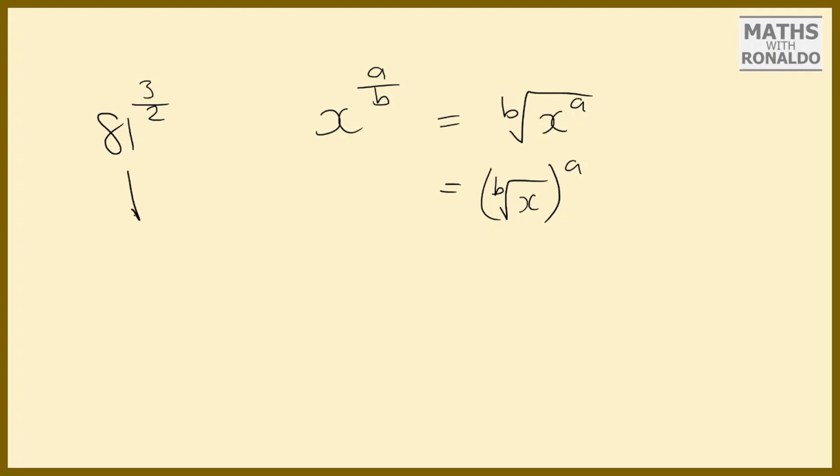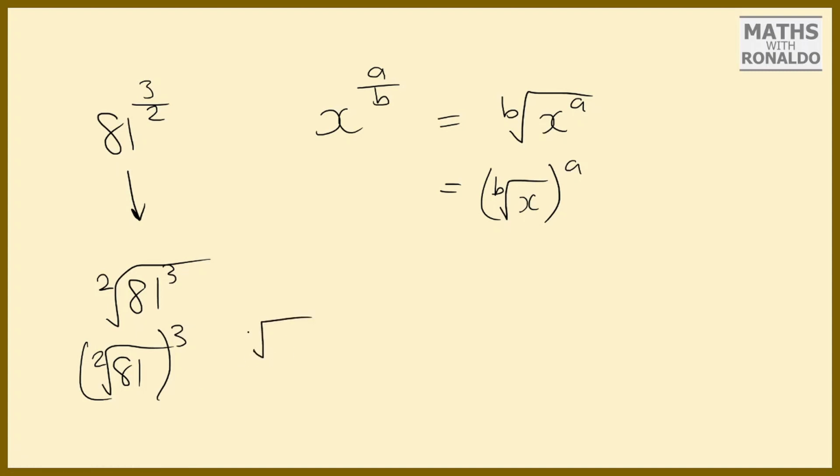Now, going back to this, 81 to the power of 3/2, well, now we know we can rewrite that as 81 cubed and the square root of that. Or we can write the square root of 81 all cubed. And this makes it easier because we know the square root of 81 is 9 or minus 9. So we know that this is equal to plus or minus 9.